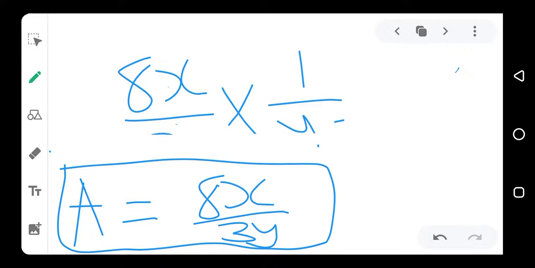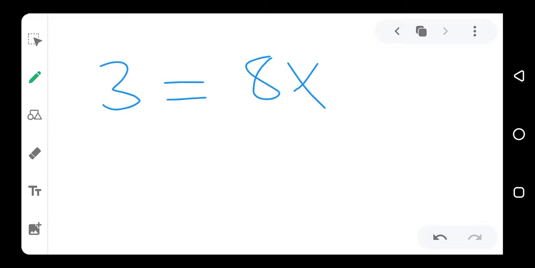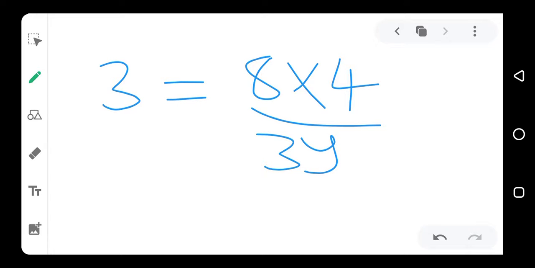So we put them in this equation. Now here, in B, we are told that A is equal to 3. So 3 is equal to 8 times x, and they say that x is equal to 4. Then we are looking for y, which is under 3y. Now this means 3 over 1.